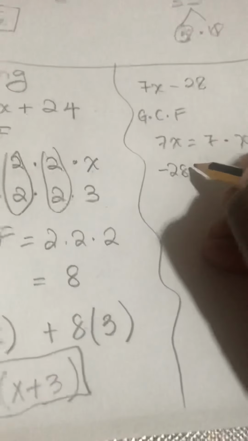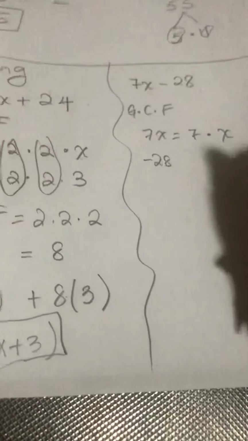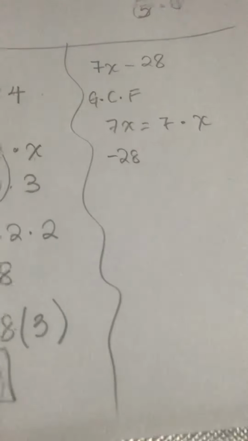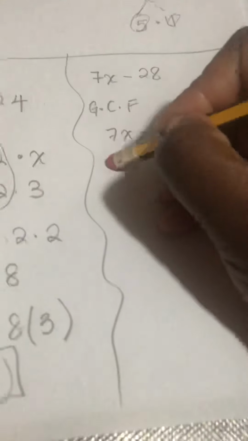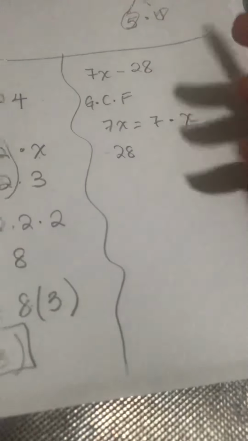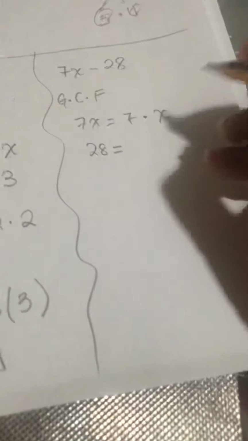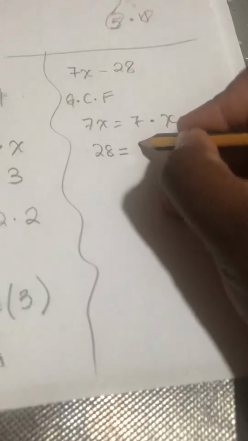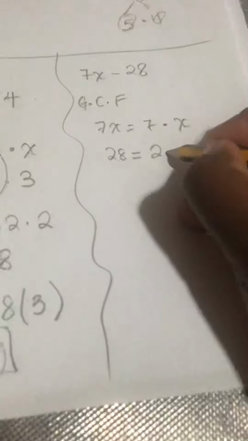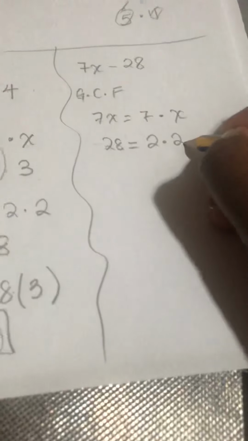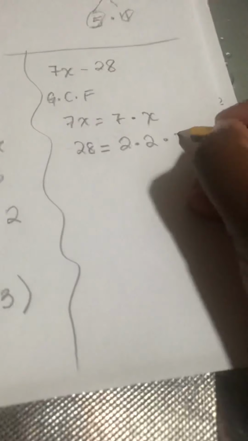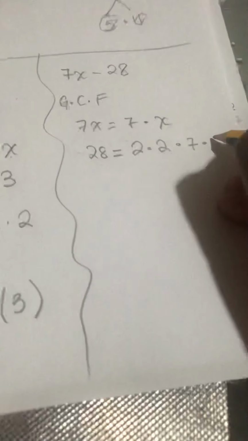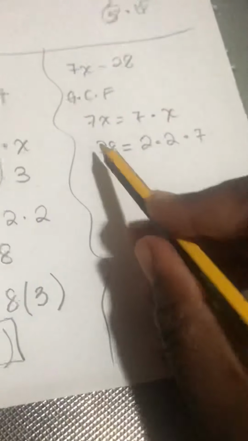Negative 28? Well, no, just do 28. Don't do the negative. What numbers did I multiply that gave me 28? 2 times 2, which is 4, times 7. So 4 times 7, there is no letter. I stop there because there is no letter next to 28.